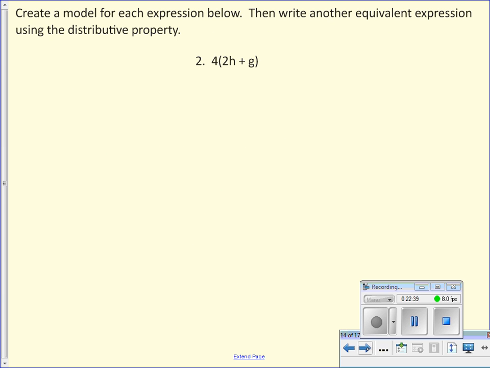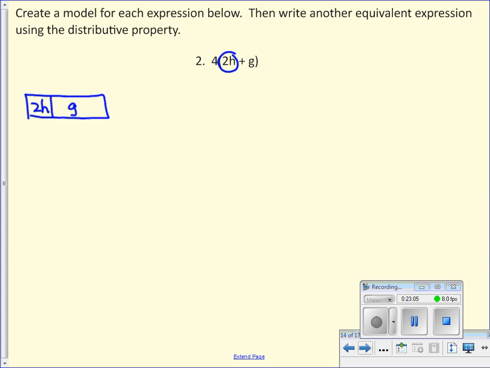Now look at the next example. My term is 2h. So since 2h is my term, I'm going to write 2h in that box. So I have 4 groups of 2h plus g. So go ahead and draw your 2 sets of models and your equivalent expression for this one.